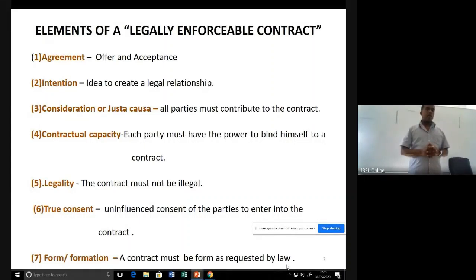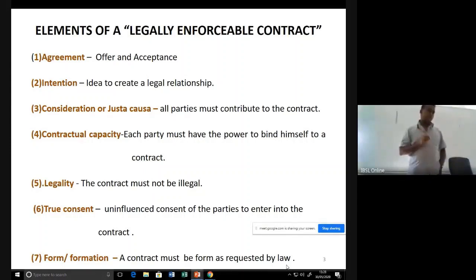The justa causa applies to contracts governed under Roman Dutch law. Consideration applies to contracts governed by English law. That we are going to discuss later. Then the contractual capacity, the capacity of the parties to enter into the contract. The fifth element is legality of the contract.